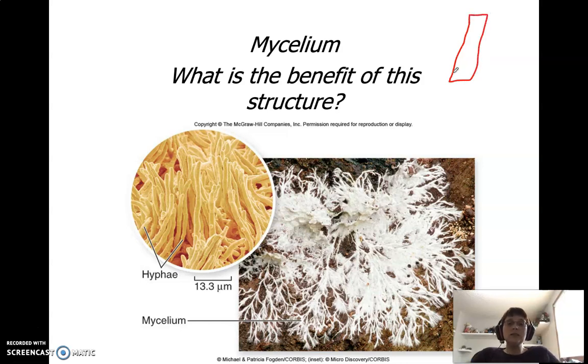Now, when we eat, the way we eat is we ingest, meaning that we eat it, and then we digest it, right? So it goes down into our stomach and our intestines, and then we break it down. Well, the way a fungus eats is, here's its food, right? So here, that's the food. The fungus is going to send out its enzymes, and they're going to go out and into the food and break down the food.